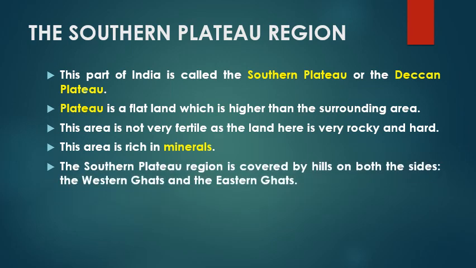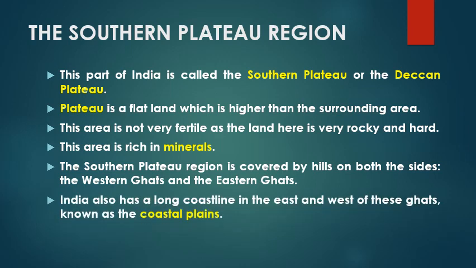The southern plateau region is covered by hills on both the sides, the Western Ghats and the Eastern Ghats. So the Western Ghats are on the left side and the Eastern on the right side. India also has a long coastline in the east and the west of these Ghats, known as the coastal plains.